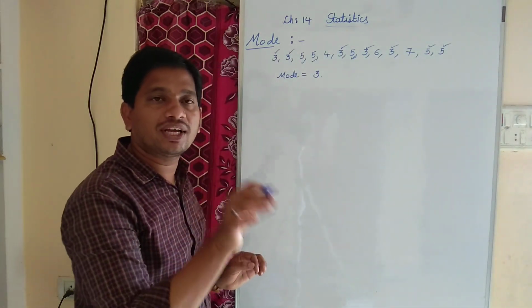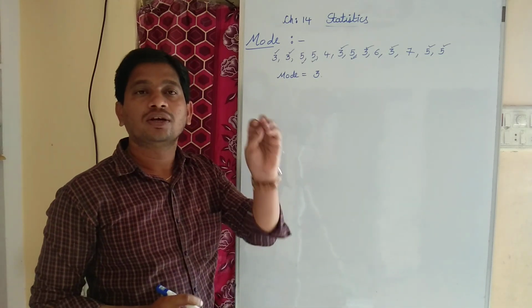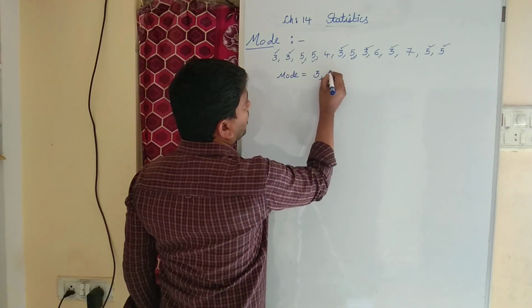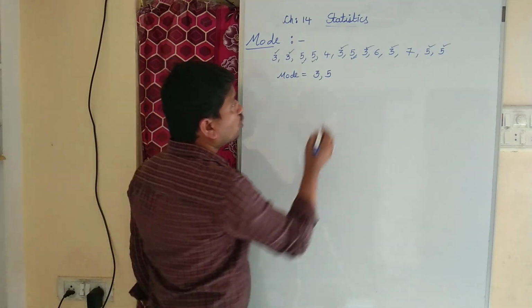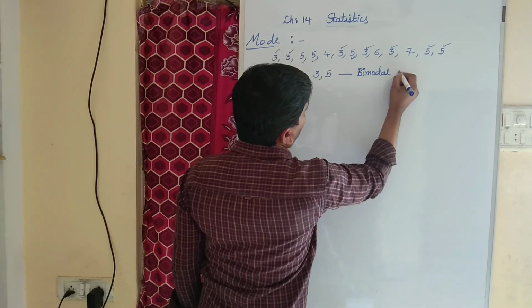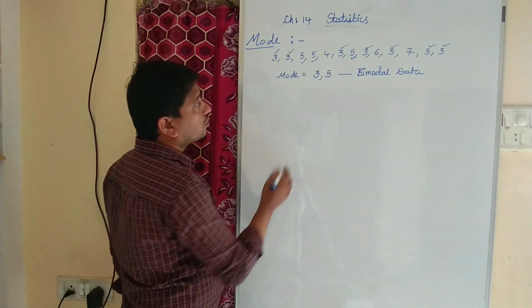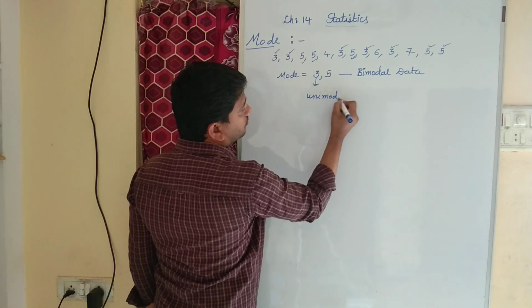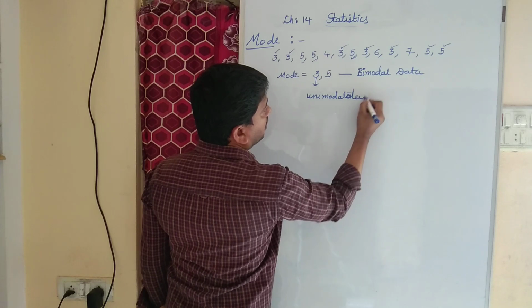Because the observations 3 and 5 are occurring the same number of times, the mode of the data is 3 and 5, and such data is called bimodal data. Whereas in the previous case the only mode is 3, that is called unimodal data.